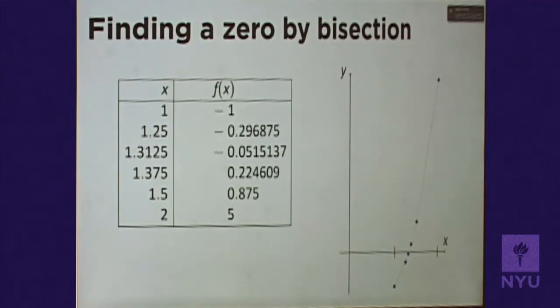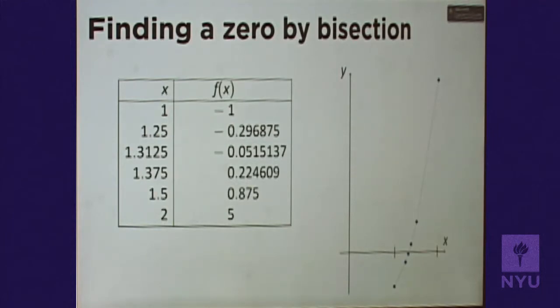So now I know that the 0 of the function is in between 1.3125 and 1.375. The width of that interval is 0.0625, which is 1/16. So now I know the 0 with an error of no more than 1/16, which is not too bad for just plugging in 6 points to the function.